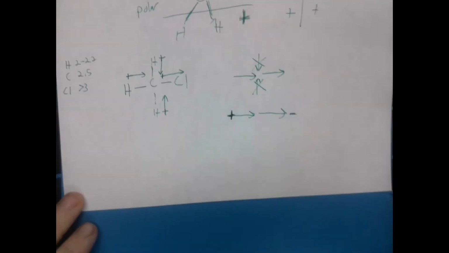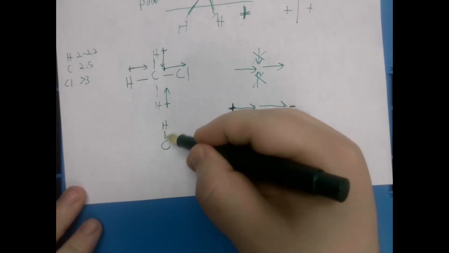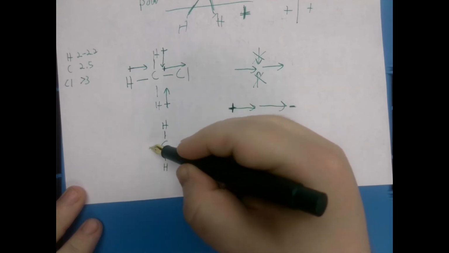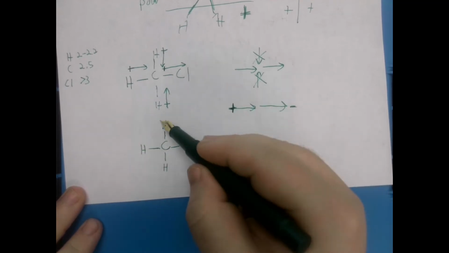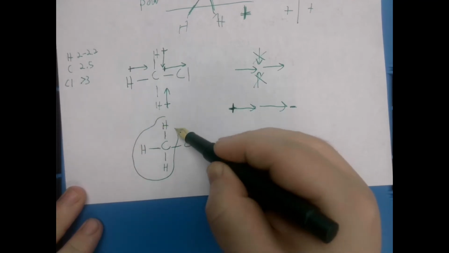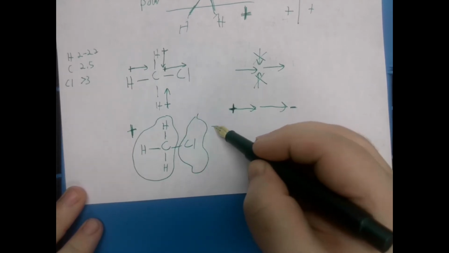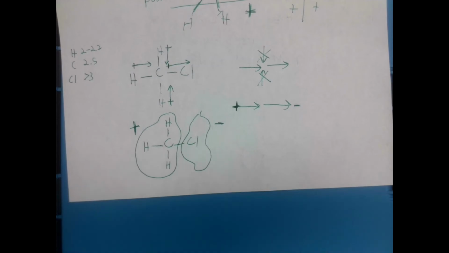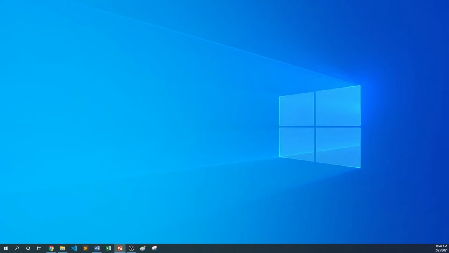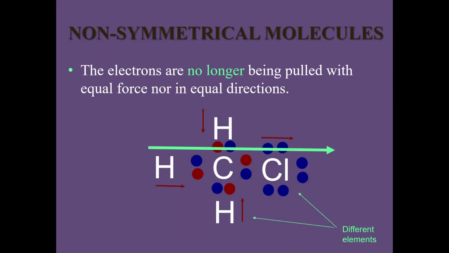So what this means is that this portion of the molecule is positive, while this portion of the molecule is negative. It has a negative side and a positive side. So the net effect from positive to negative will be going to the right.